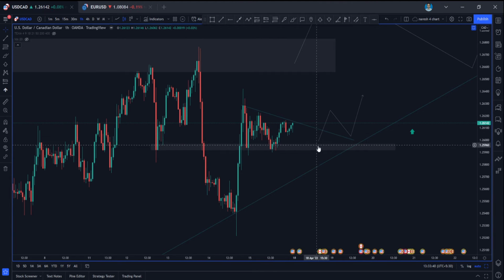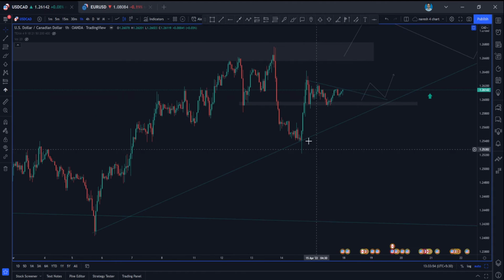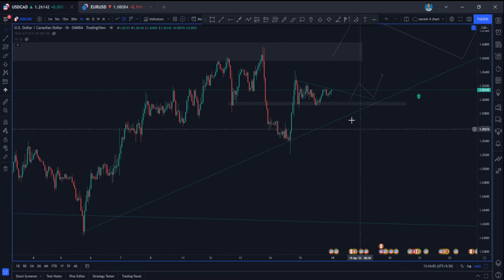I'm not going to enter directly after the triangle pattern breaks up. I'm waiting for a strong breakout and a retrace to this level, guys, because most of the time a lot of retail traders will be trying to enter here and placing their stops below.